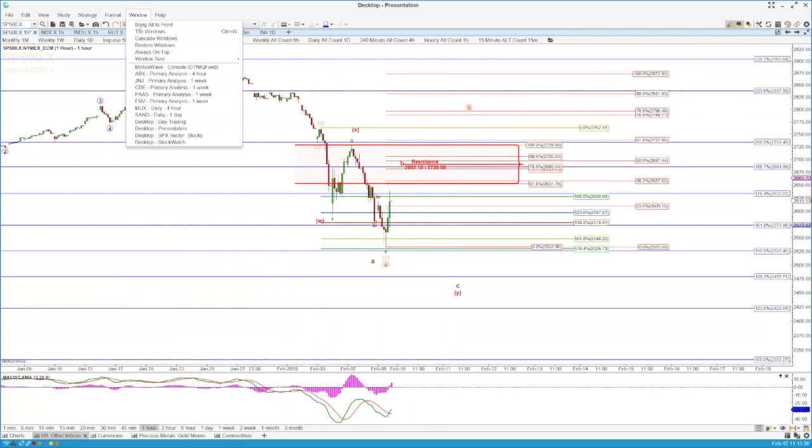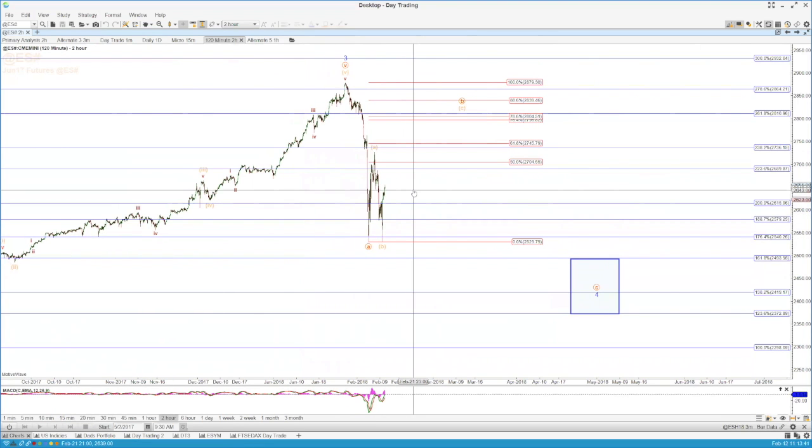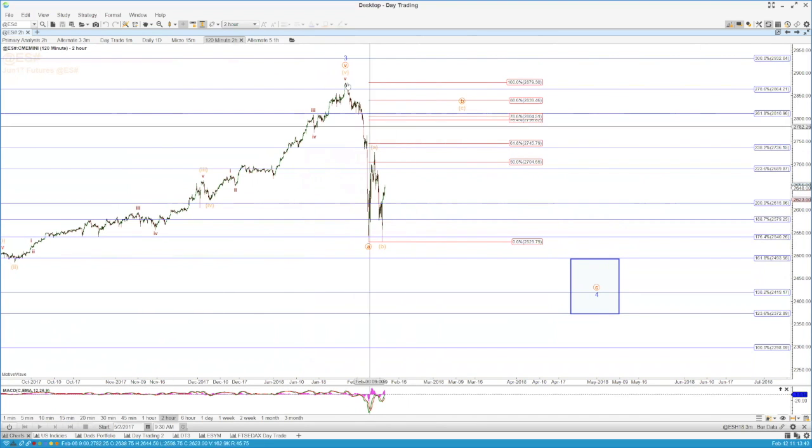If I just come across and look at that in the ES, which is the ES mini futures contract on the S&P 500, this was the low we saw early last week, and I did flag in our live trading room on Friday morning that to see a double bottom in the ES would not surprise me.